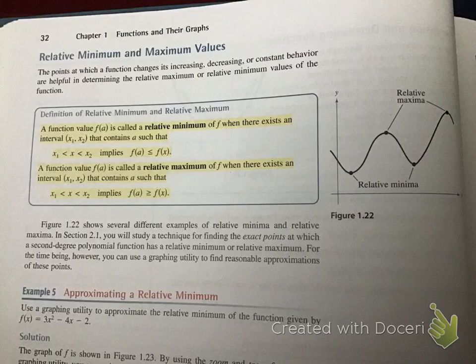Okay, just going on again, these are terms that you know and you've heard of. A function value f of a is called a relative minimum of f when there exists an interval x1 to x2 that contains a such that x1 is less than x is less than x2 implies f of a is less than or equal to f of x. What in the world are they talking about? So let's discuss this relative min right here.